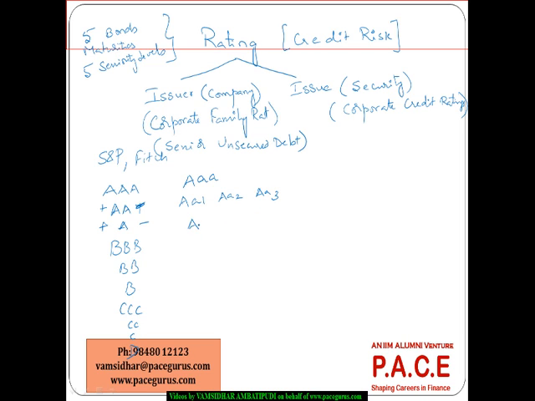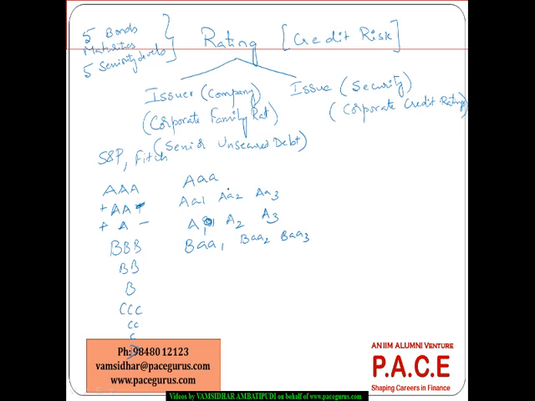Similarly, within the A category, they talk about A1, A2, A3. In the B category also, triple B, they come out with BAA1, BAA2, BAA3 kind of categorization for plus, normal and minus. So they always try to position it in this way.